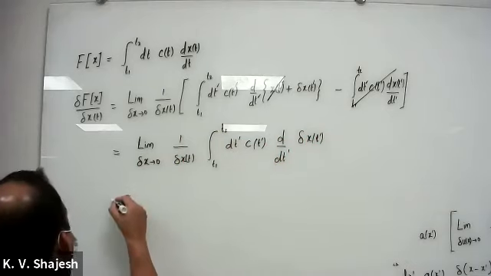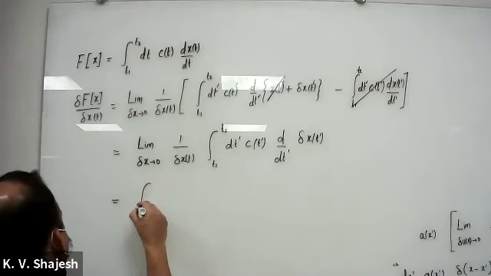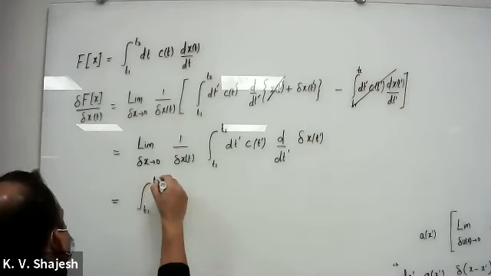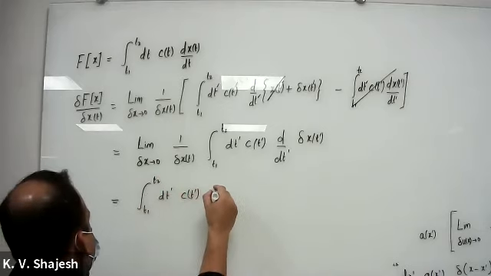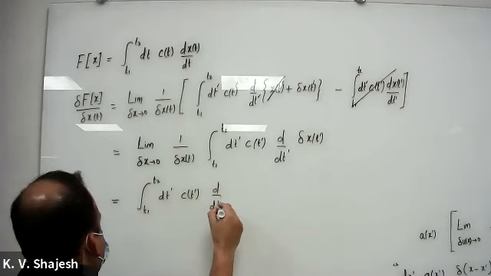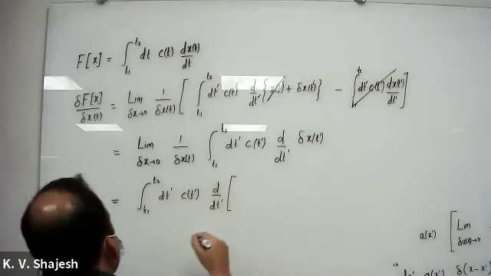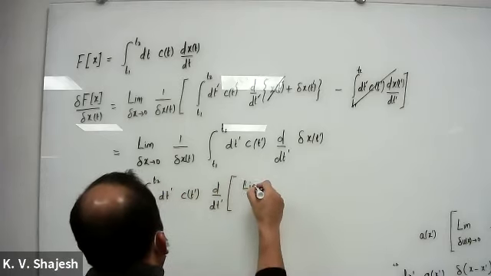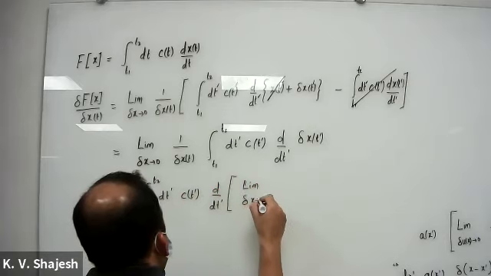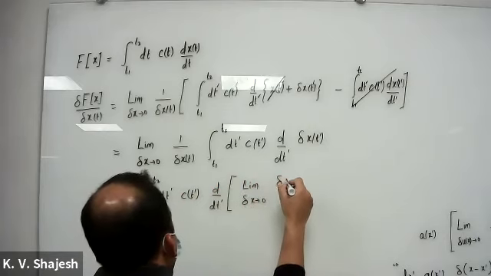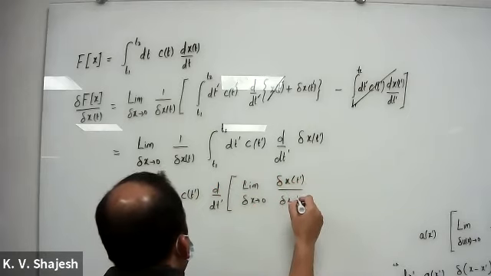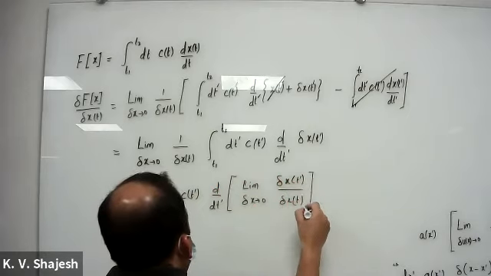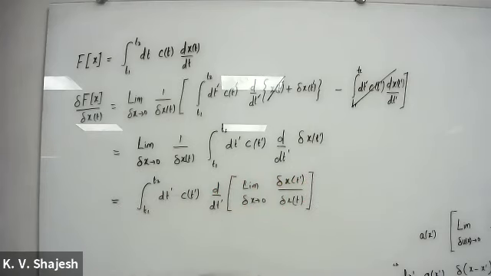So take this whole limit inside, with c of t prime by dt prime. Now the limit as delta x tends to 0 of delta x of t prime over delta x of t. But that's a delta function, correct?